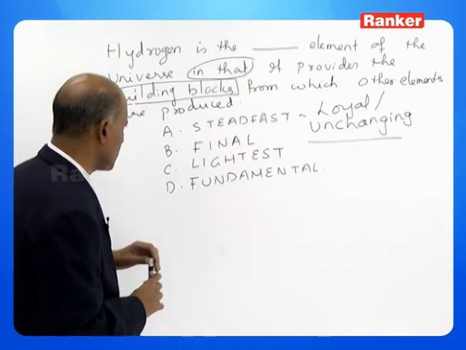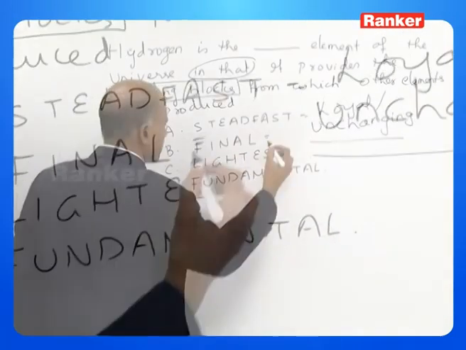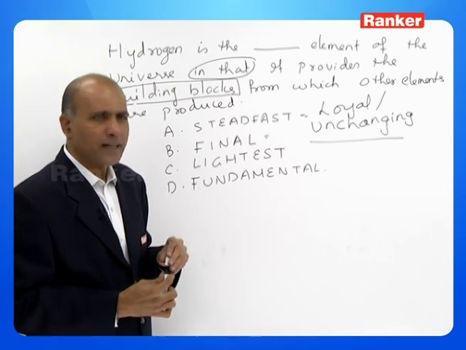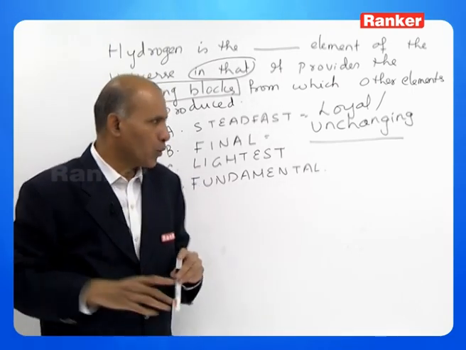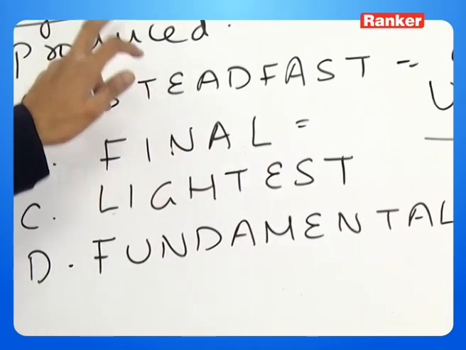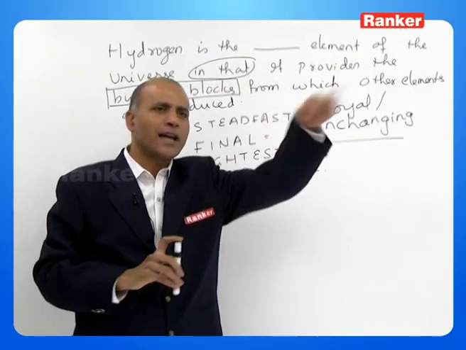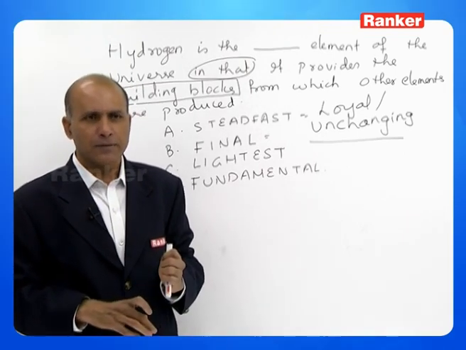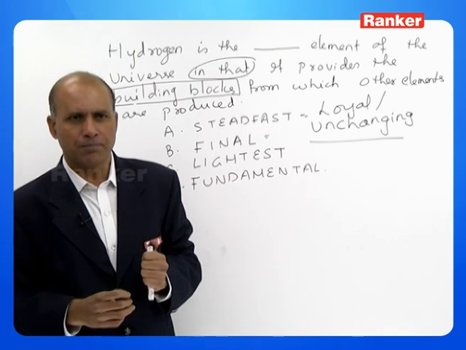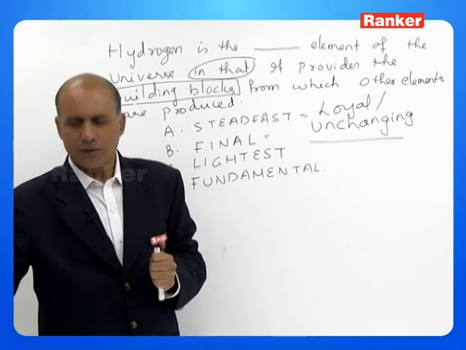Any meaning? Meaningless. Final element. If something is a final element, what do you call final? The last, when everything is over. But here I am saying it is the element from which other elements come. I am the final person in my family because I have 3 children. If I have 3 children, they become the next.